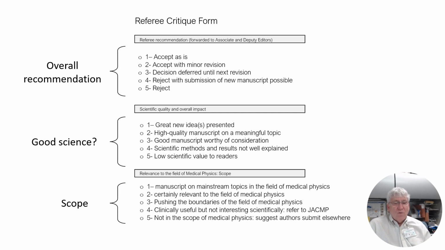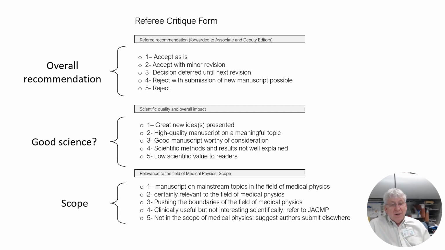So there's the overall recommendation: accept with minor revision, decision deferred, reject, with possibility to submit, perhaps very often, by the way, to our sister journal, which is more clinical, and to reject outright. So is it good science, great news, new ideas, high quality manuscript?